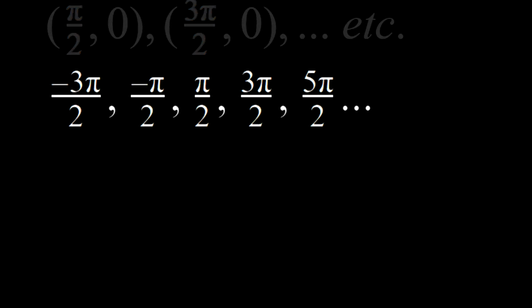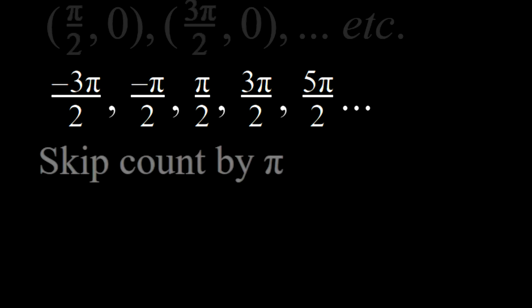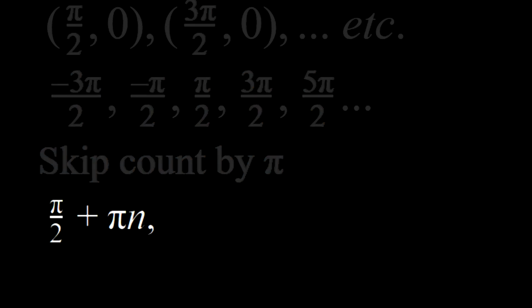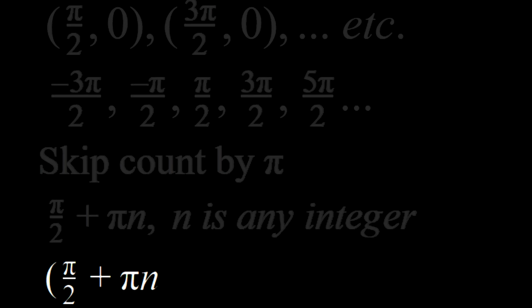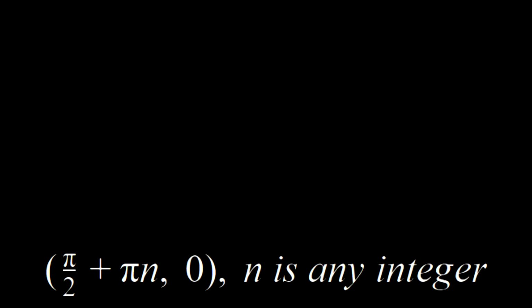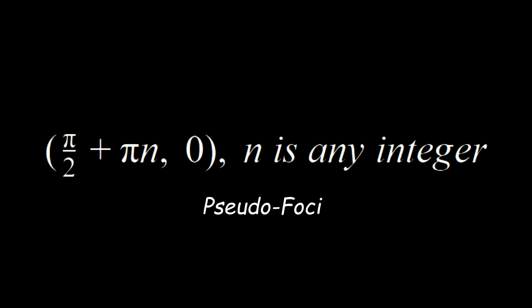We notice that the x values skip count by pi to the next number, so our x values can be generally expressed as pi over 2 plus pi n, where n is any integer. In conclusion, our answer to step 5 is pi over 2 plus pi n, 0, where n is any integer, which are our pseudo-foci.